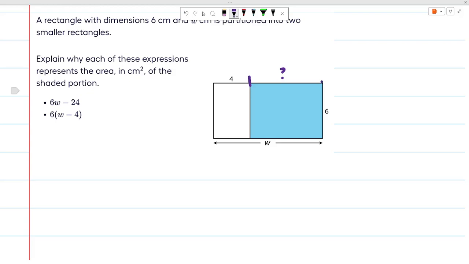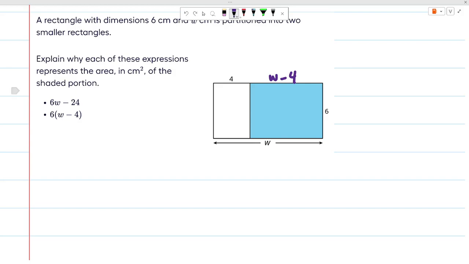Well, if this entire length is W and to the left we have 4, we know that this length is W minus 4, because the whole thing is W, and then we take away this 4 that's not on that part. So that might help us make sense of some of the expressions.